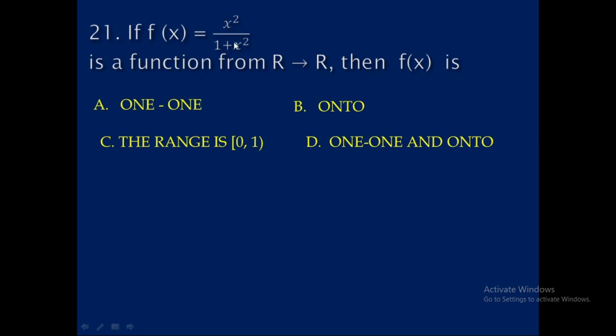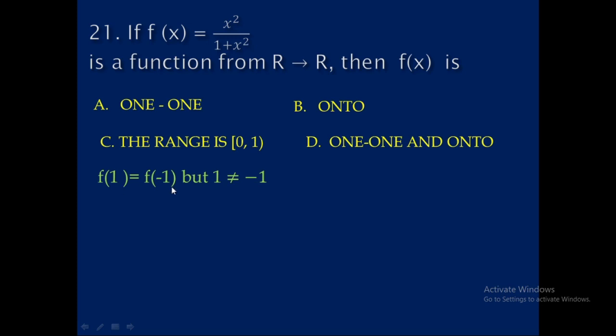Clearly, when we look, suppose you take x where one is positive and another is negative: x equal to 1 and minus 1, or 2 and minus 2, any numbers. One is a and the other is minus a. Here a is not equal to minus a, 1 is not equal to minus 1, but you get the same image.